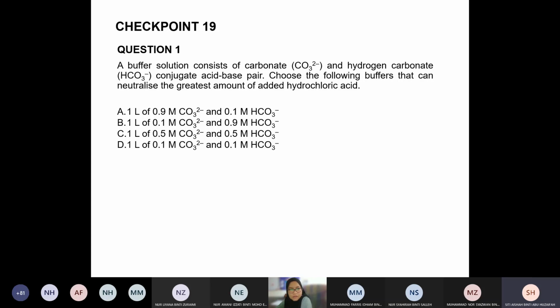No. CO3 2 minus, carbonate. This is an acidic buffer. Choose the following buffer that can neutralize the greatest amount of added chloric acid.